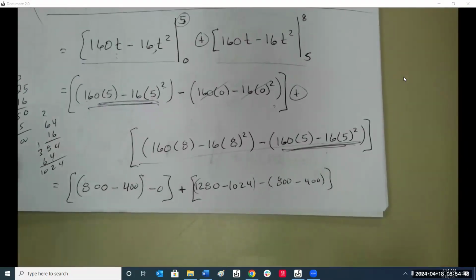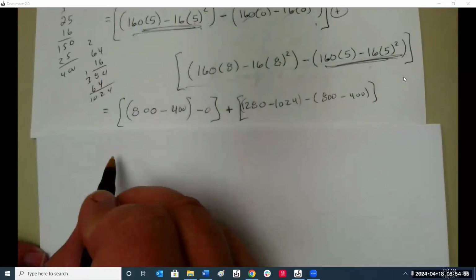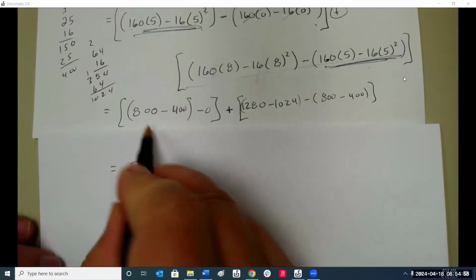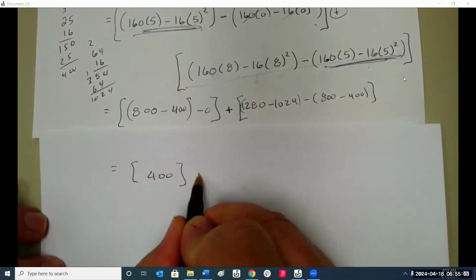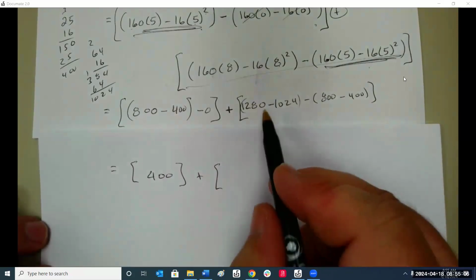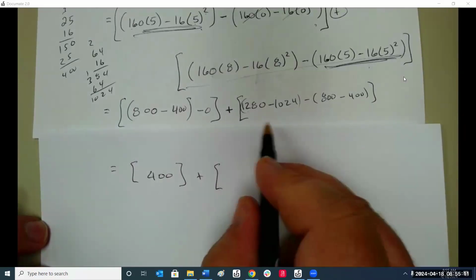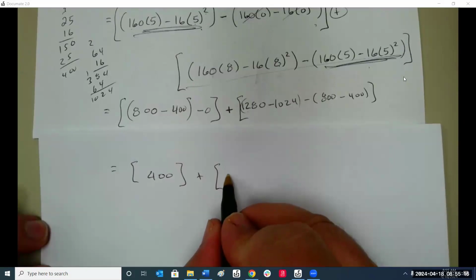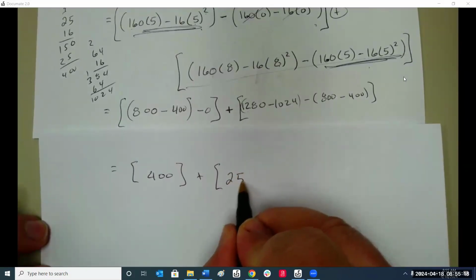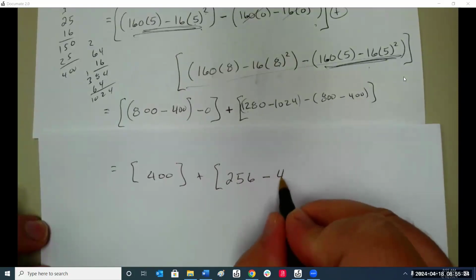They're both at 5s. 800 minus 400 is 400 minus 0. 1280 minus 1024 is 256 minus 400.